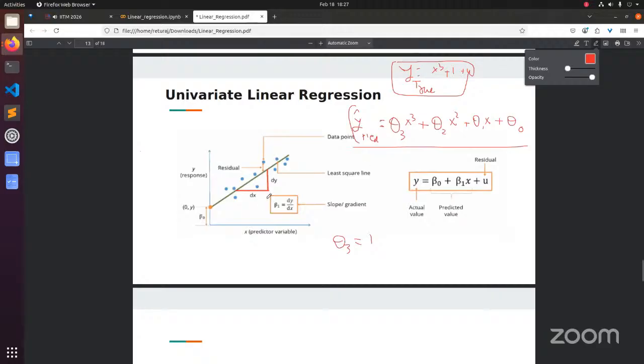If we can truly figure out the function from these data points, our predicted function will be equal to the true function, and theta 3 should be equal to 1, theta 2 should be equal to 0, theta 1 should be equal to 0, theta naught is equal to 1.